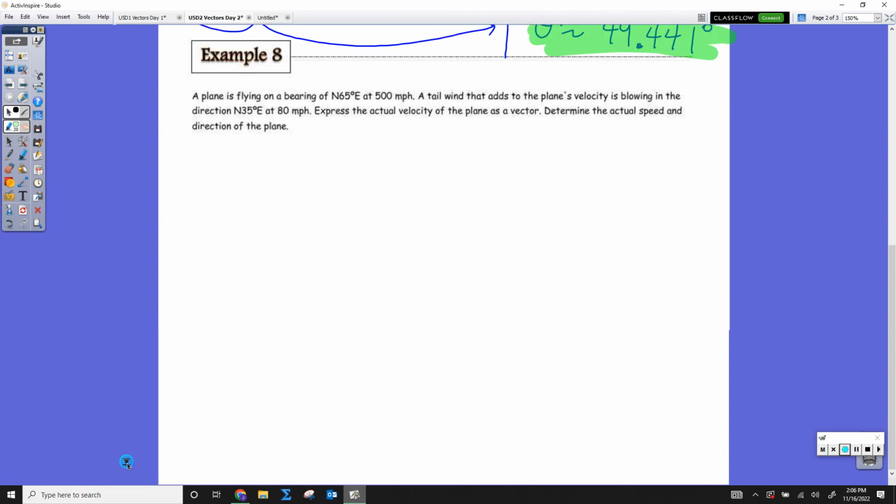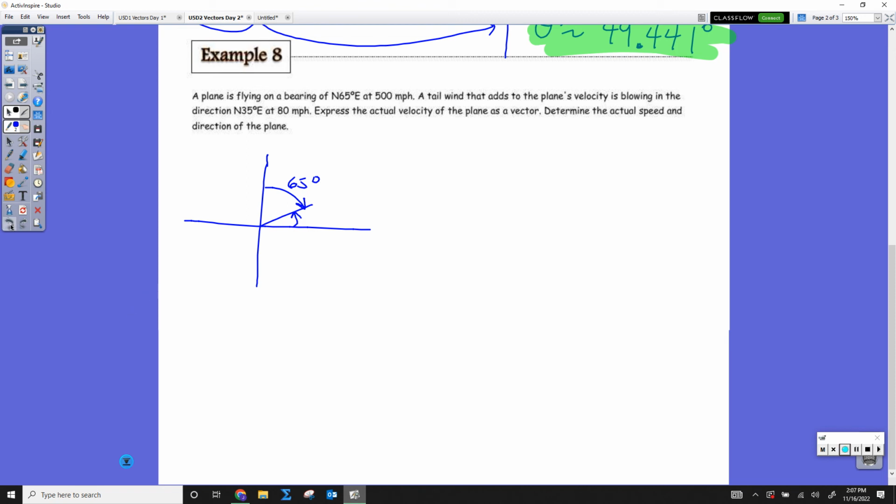So, example 8 is going to give us that opportunity. So, a plane flying with a bearing of north 65 degrees east. Okay. So if we were going north 65 degrees east, that would look something like this, which means we have 25 degrees left over.